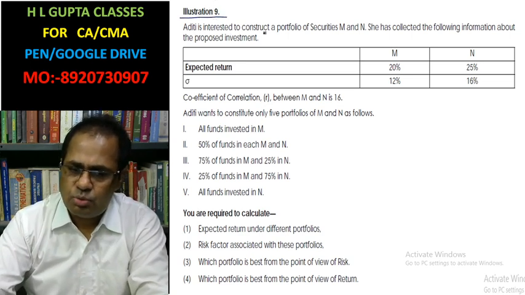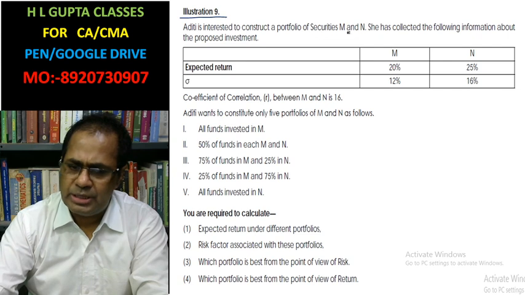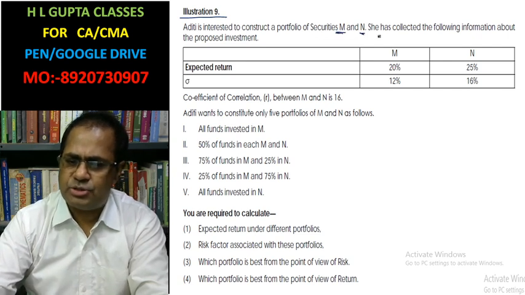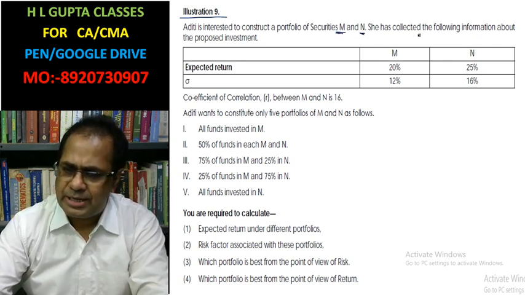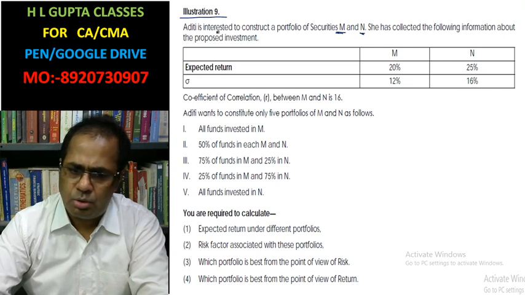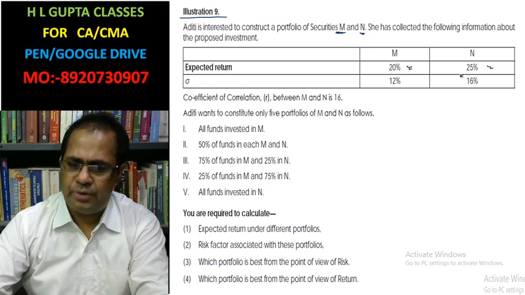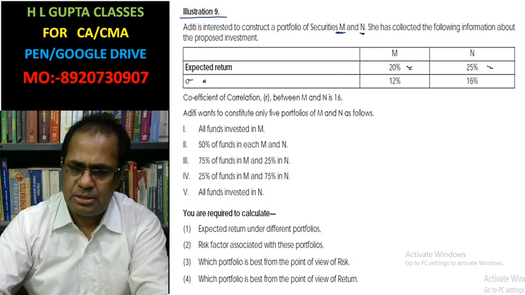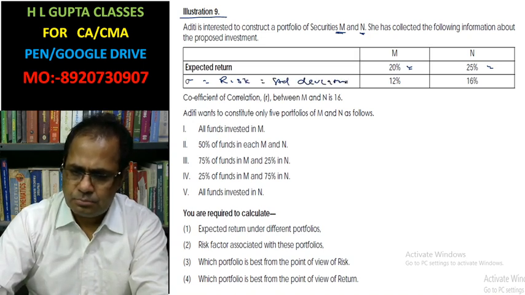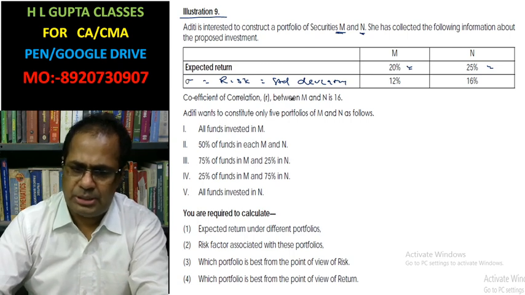Aditi is interested to construct a portfolio of securities M and N. She has collected the following information about the proposed investments. Expected return: 20% and 25%. Standard deviation, which is said to be risk: 12% and 16%.